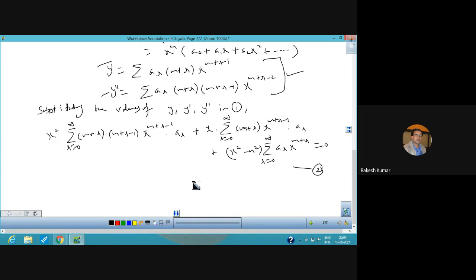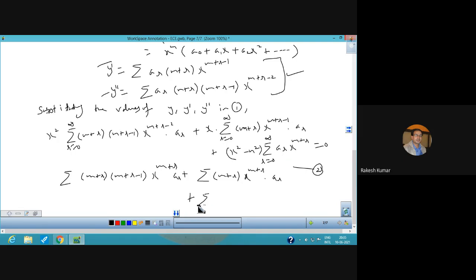Now what we need to do, you just multiply x square inside, you will have m plus r, m plus r minus 1 x raised to power m plus r, because the power 2 will adjust with minus 2. Similarly here you will have m plus r x raised to power m plus r into a r. A r is also there, so that a r is written here. And similarly, we shall get the term from this.